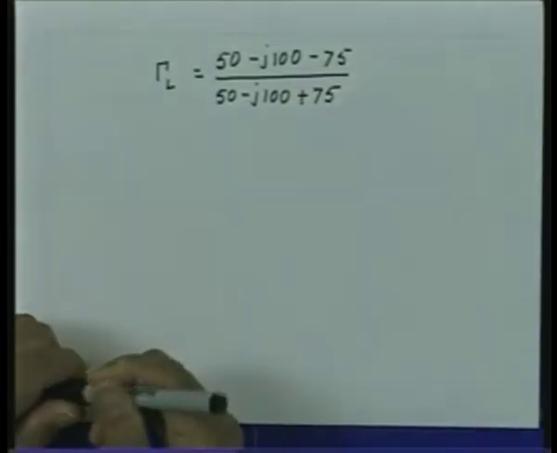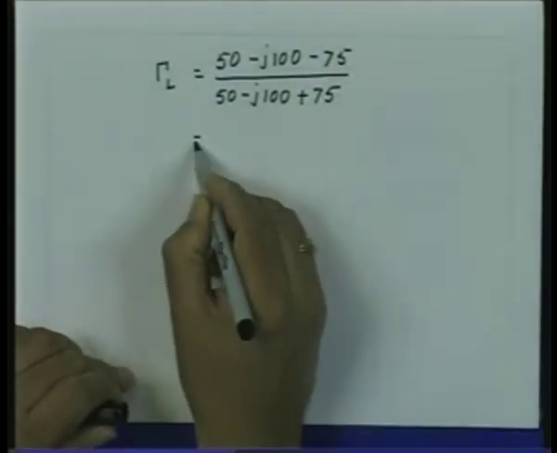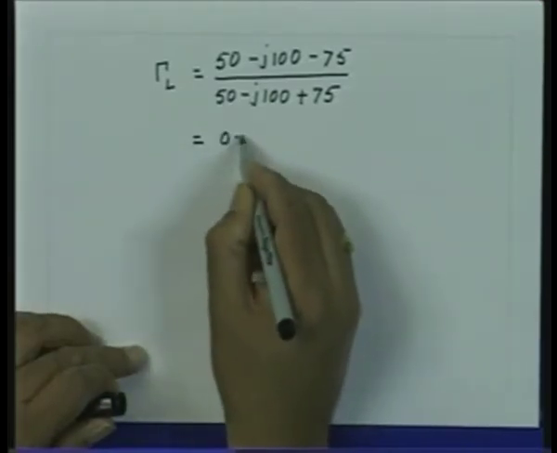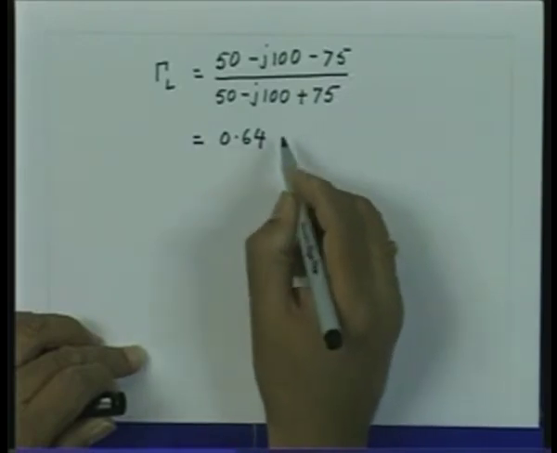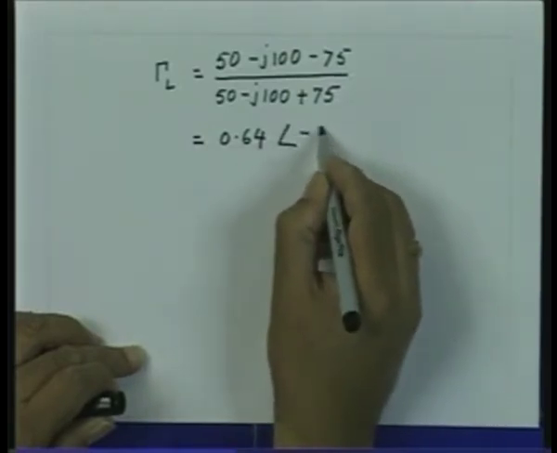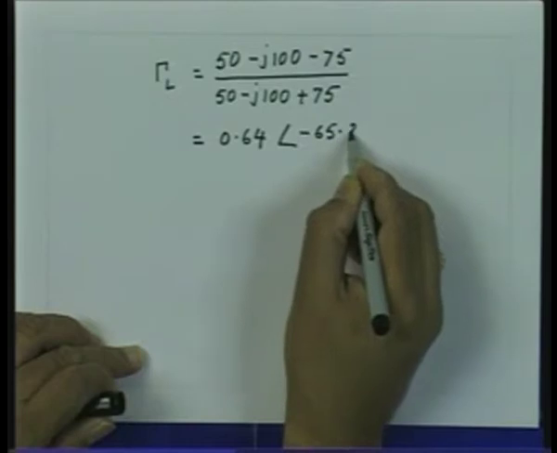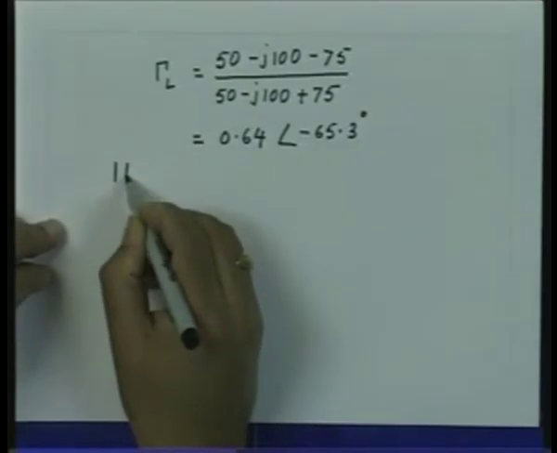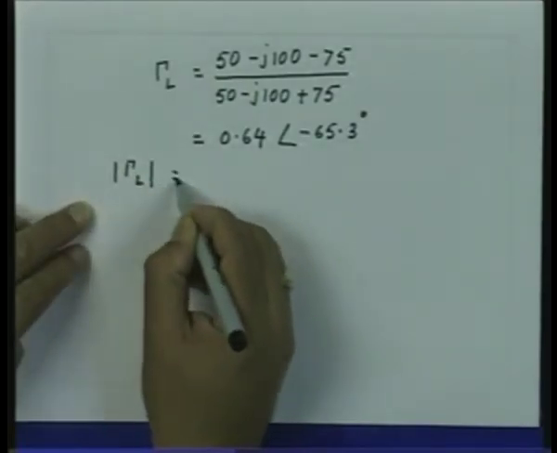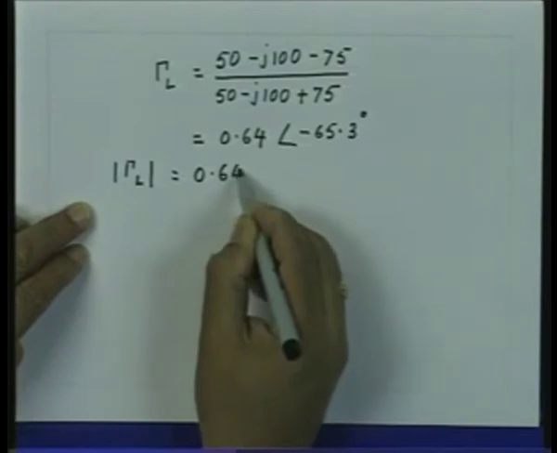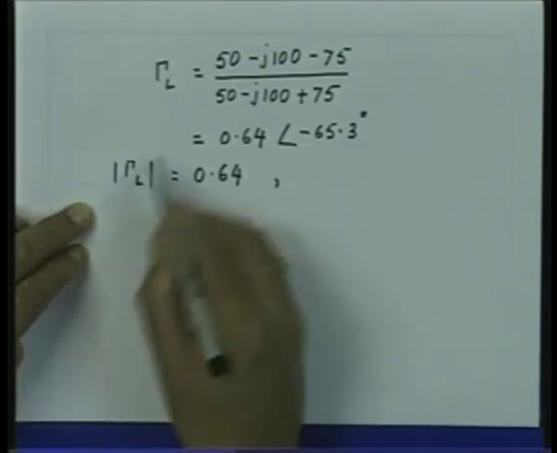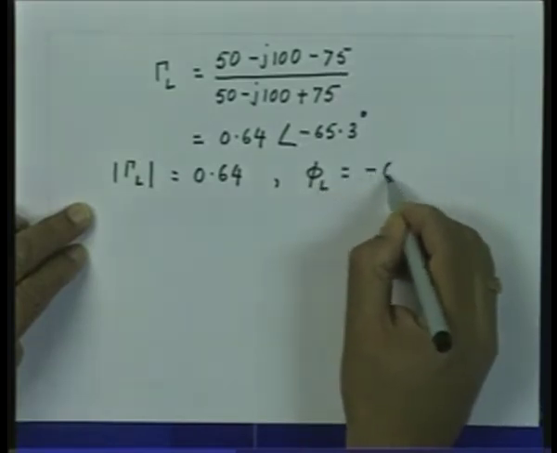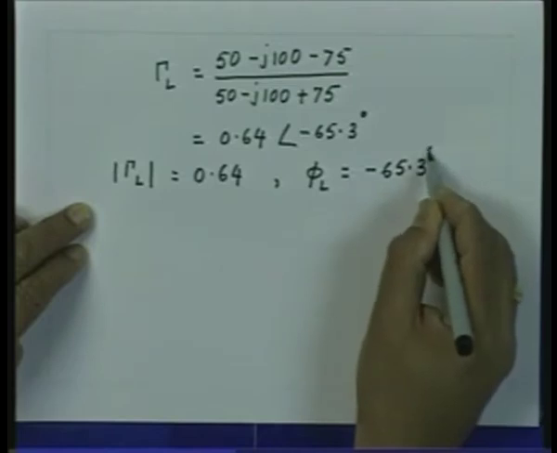If I simplify this complex expression, I get gamma L equal to 0.64 with an angle of minus 65.3 degrees. So the magnitude mod gamma L is 0.64, and the angle of the reflection coefficient, phi L, is minus 65.3 degrees.